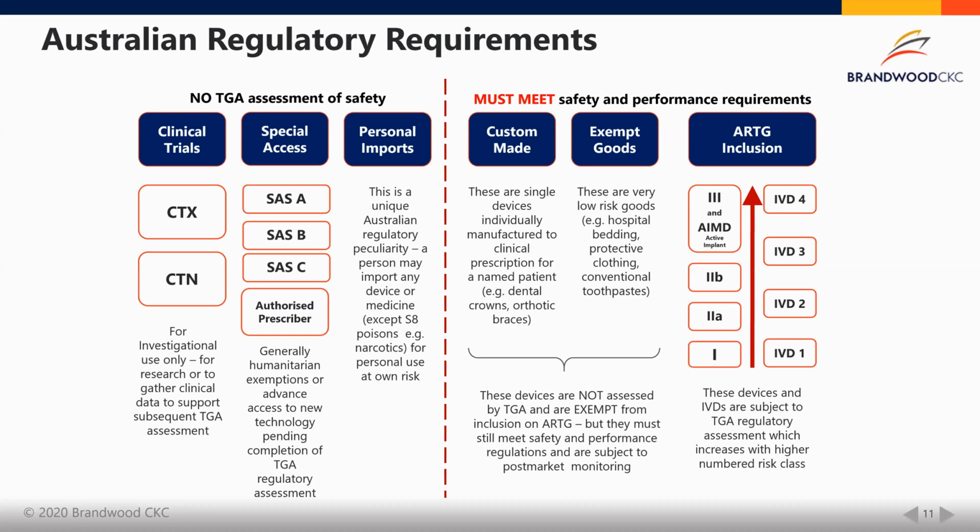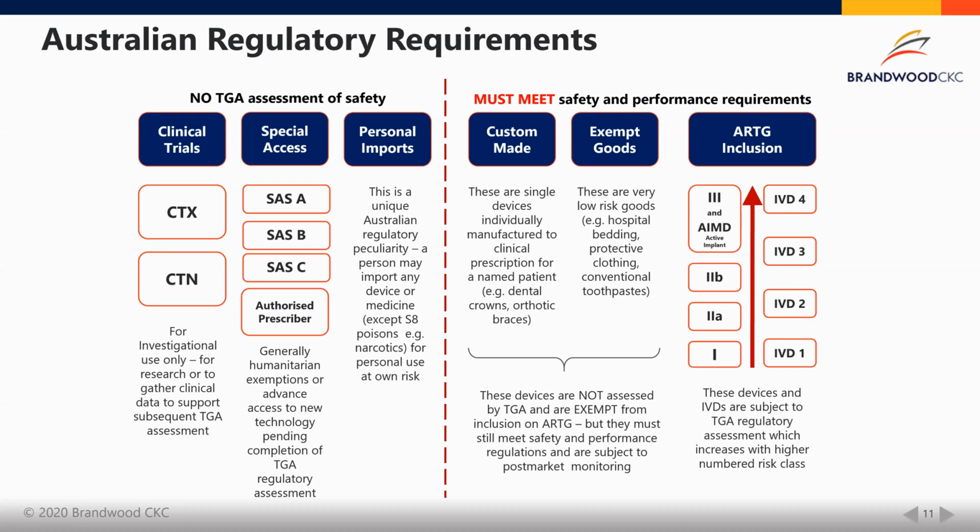And then ARTG inclusion is the registration process. So when you want to get your device approved, this is the process you would follow. In Australia, we have 4 classifications: class 1, which is the lowest risk, class 2A, class 2B, class 3, and then AIMD, which stands for active implantable medical device.